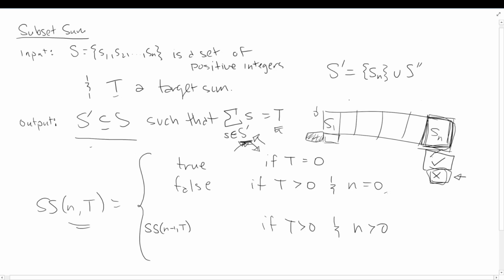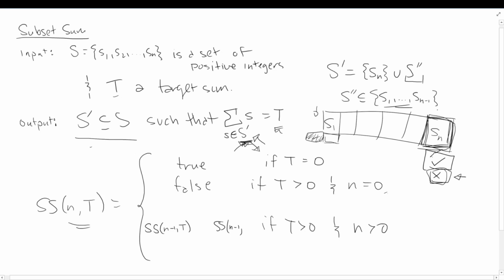All the elements of S double prime must come from the remaining elements, S1 up to Sn minus 1, just as we had before. So this subset, just like above, must come from the first n minus 1 elements as well.